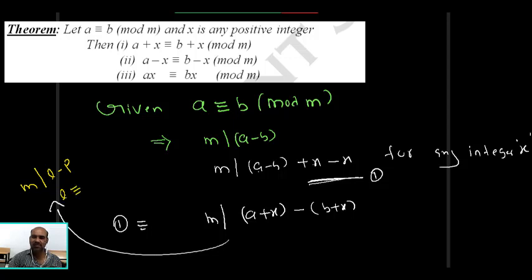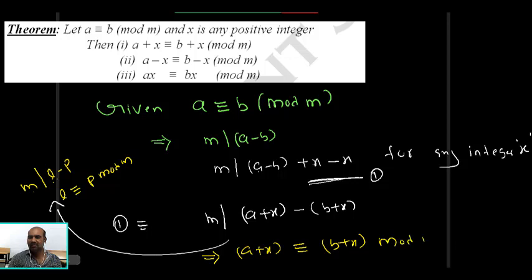L is congruent to P modulo M only, no? By the congruency definition, if M divides L minus P, then in congruency notation I can write L is congruent to P modulo M only. So A plus X is congruent to B plus X modulo M. We proved result number 1, directly proved result number 1.